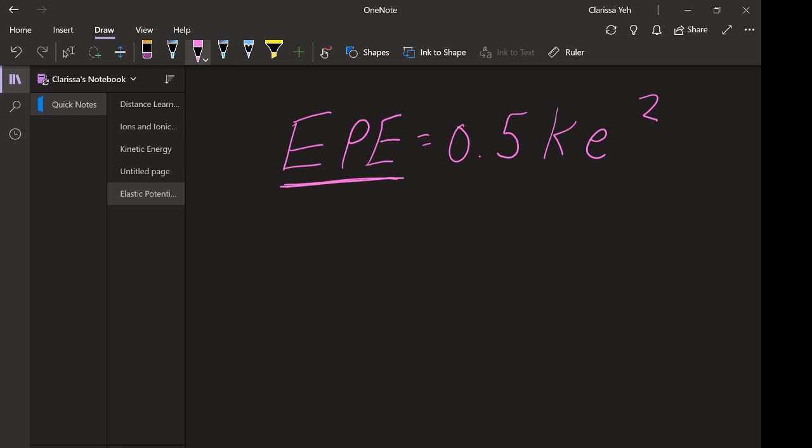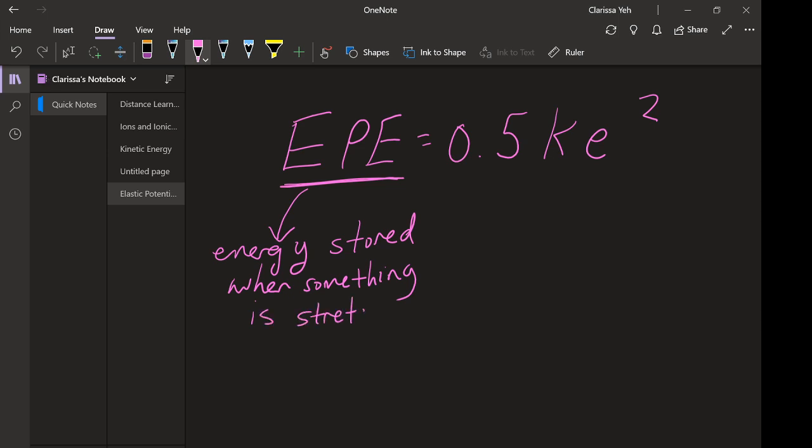So elastic potential energy: you already wrote this down during our first session, but it's the energy stored when something is stretched or squashed. We often forget about that second one.